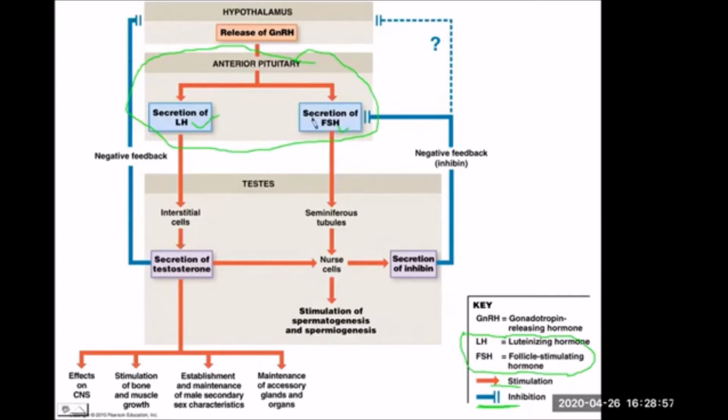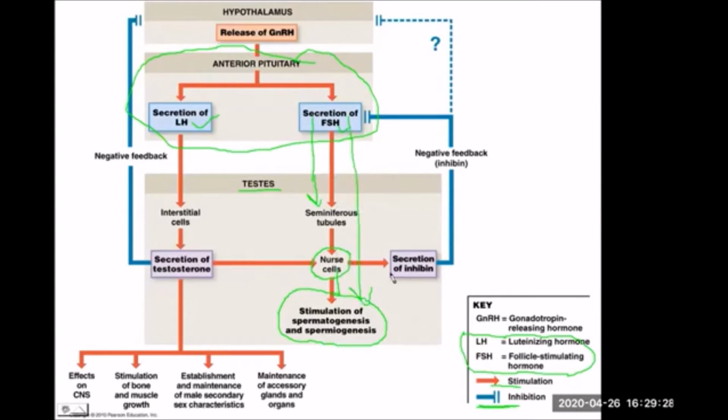So FSH, circulating from the brain, hormones traveling through the bloodstream to reach the testes. And there's the seminiferous tubules, the site where sperm cells are created, the site where the sustentacular or the nurse cells are located. And with the blood-testis barrier function, they're aiding in that production of sperm cells. So ultimately, we see that's the effect of FSH.